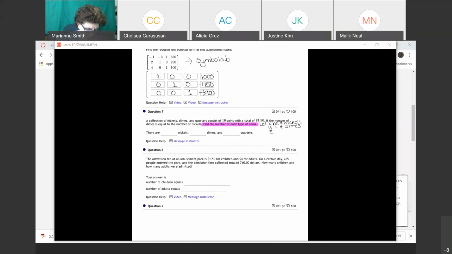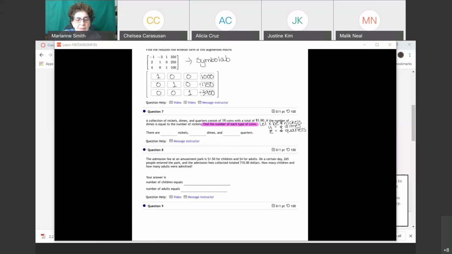And let Z be the number of quarters. Again, write it down so you know what you're doing. Okay, so those are my 3 things that I want to know. And I'm going to solve for those. So I need to set up a system of equations. Well, what 2 things do they tell you about the coins?